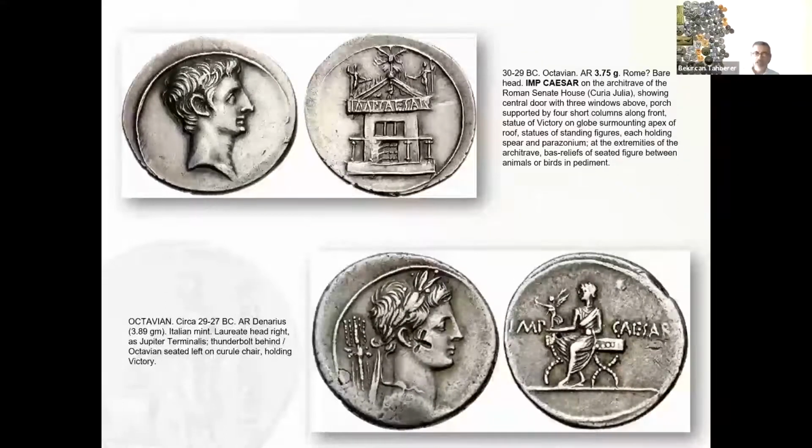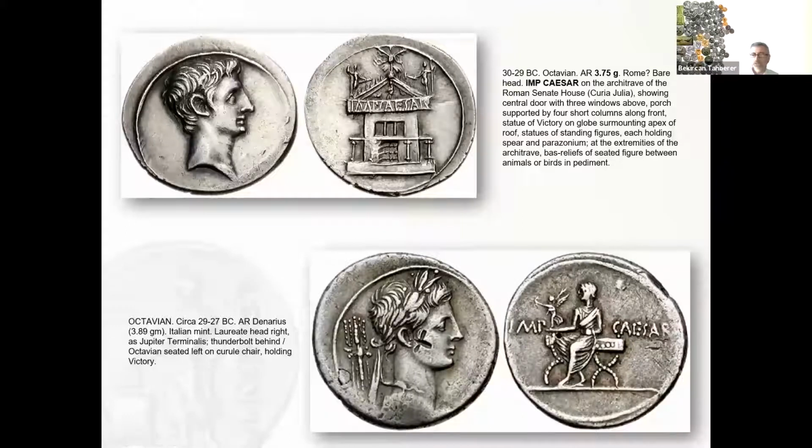And here he is shown sitting on a curule chair. Why do we have a curule chair? As you know, gods and goddesses and kings are mostly pictured in thrones. Thrones are for kings.